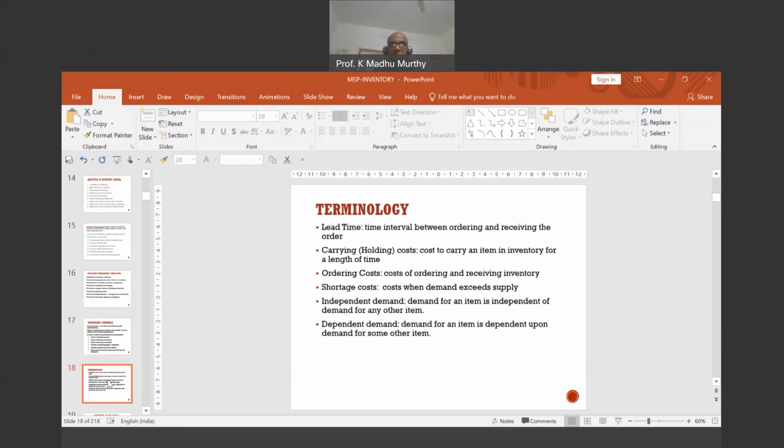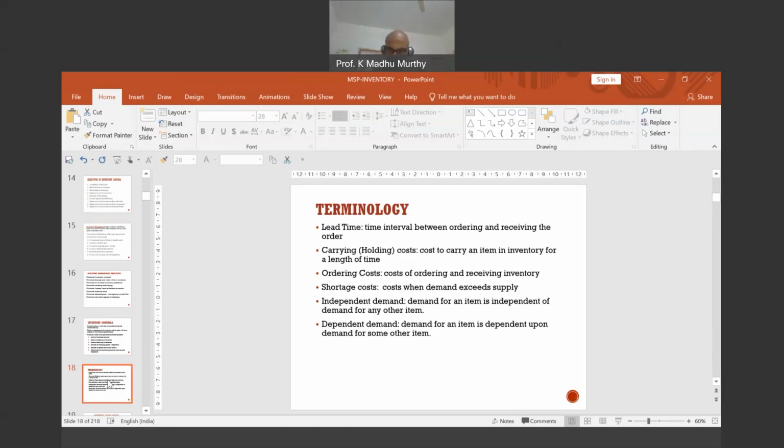Let me also brief you about certain minimum terminology that we would be using in course of time. Lead time, as you can see from the slide. By lead time, what we mean is the length of time between placing an order and receiving the items that we ordered for. Okay, the time interval between ordering and receiving the order.